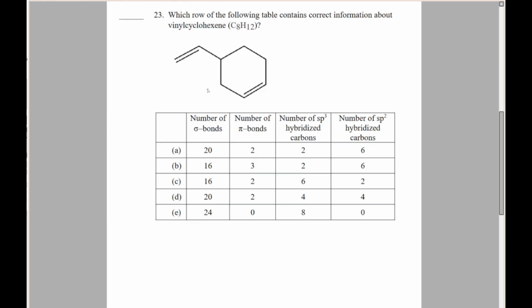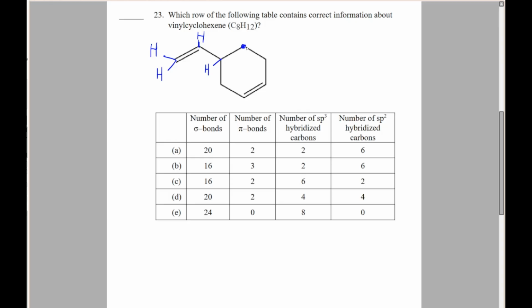So a good first thing to do when you're given a carbon structure like this is to draw in the hydrogens. So we have 2 hydrogens here because this carbon can only have 2 more hydrogens to form a full octet or 4 bonds. We have 1 here because the carbon already has 3 bonds, and then same here.